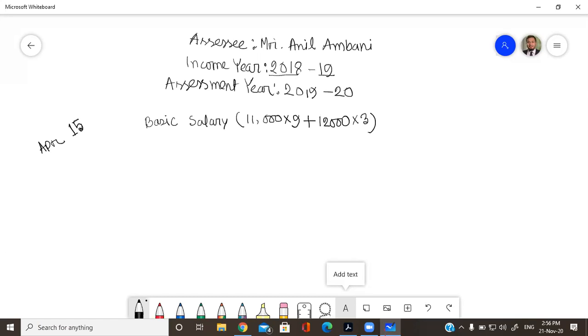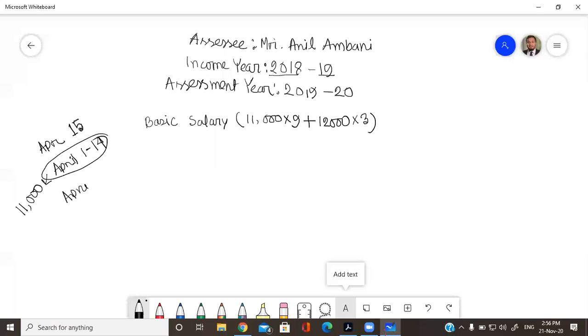In that case, April 15 means, in the same problem, from April 1 to April 14, applicable basic salary would be 11,000.